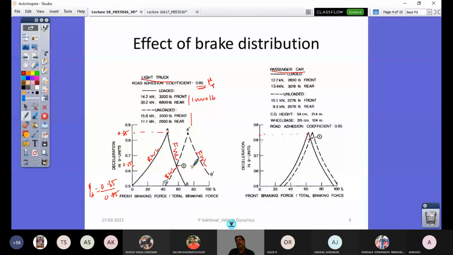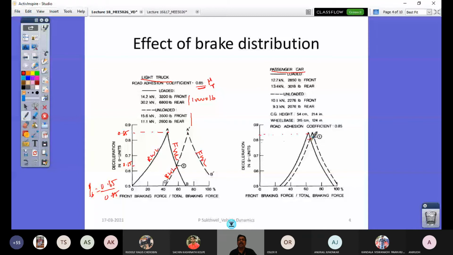Whereas in a passenger car, even when you are driving at higher speeds, in an emergency braking scenario, you are able to develop a deceleration that is more than that of a truck, and even though the braking efficiency is less than 100%, you are able to manage the scenario. So this is what you should understand for the 2-axle vehicle. If you have a 3-axle vehicle, these plots are different.